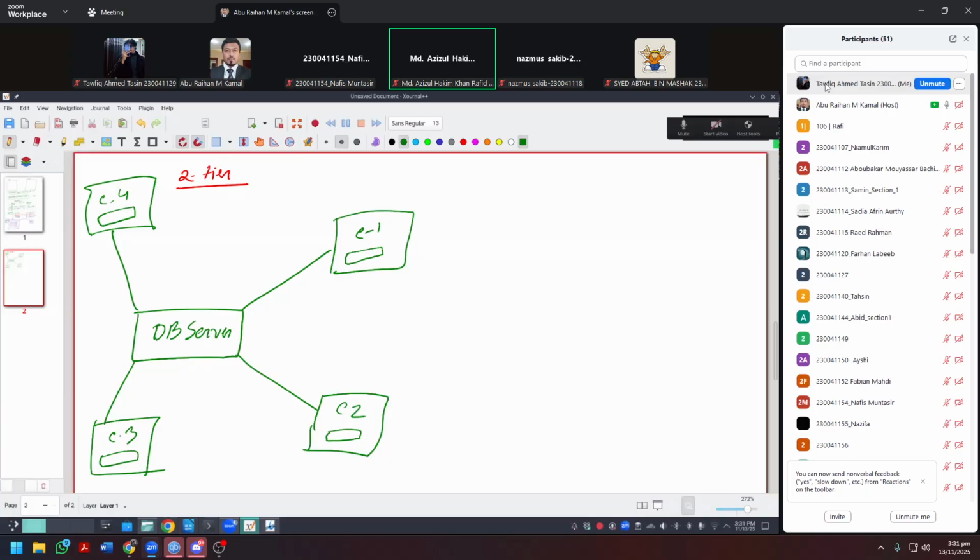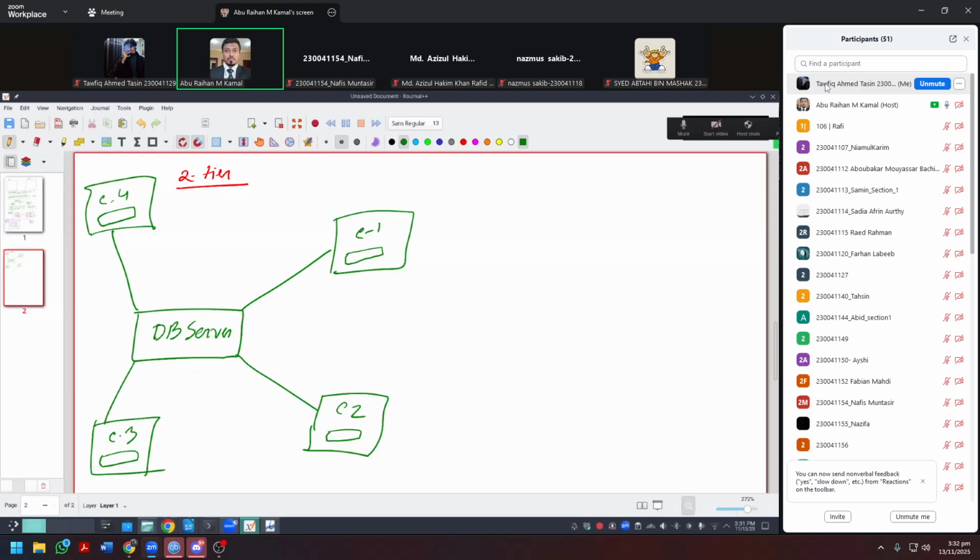Now, the advantage, because I told you this was the old structure. Even when we used to write commercial applications, I have some experience of configuring this sort of architecture.